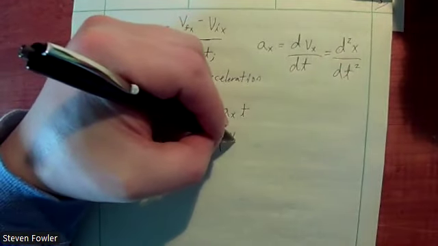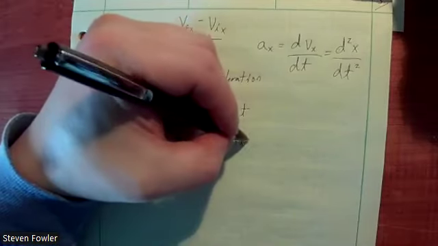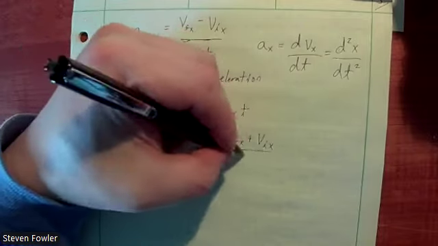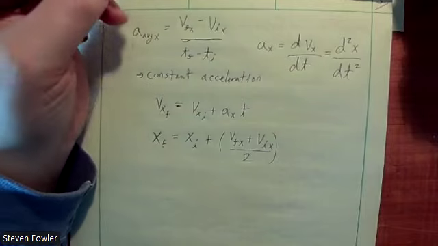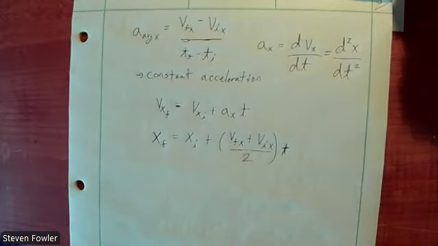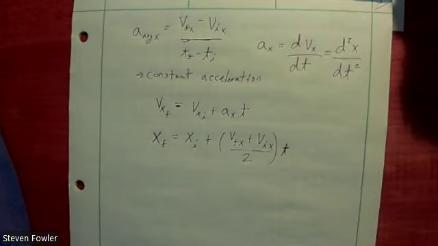If the acceleration is constant, I can take the final velocity in the x direction plus the initial velocity in the x direction, divide that by 2, and that gives me the average velocity over a period of time. Multiply that average velocity by the amount of time, and that gives me the change in the x position based on that average velocity during that time frame. Because again, if it's constant acceleration, just a linear average of velocity will be fair enough for this.